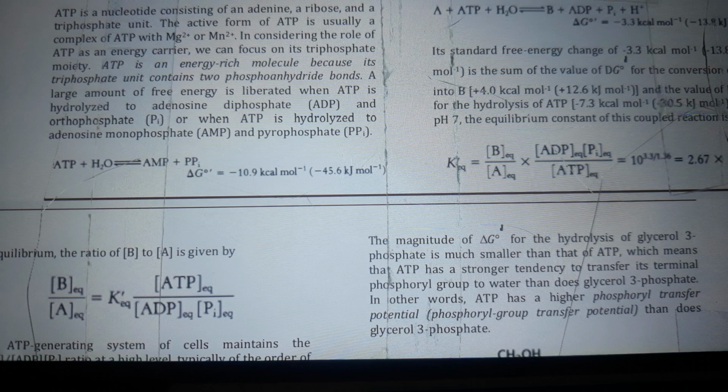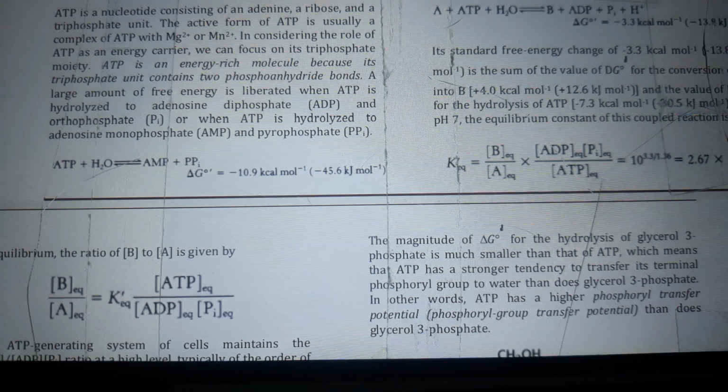In considering the role of ATP as an energy carrier, we can focus on its triphosphate moiety. ATP is the energy-rich molecule because its triphosphate unit contains 2 phosphoanhydride bonds. A large amount of free energy is liberated when ATP is hydrolyzed to adenosine diphosphate, ADP, and orthophosphate, Pi, or when ATP is hydrolyzed to adenosine monophosphate, AMP, and pyrophosphate, PPi.